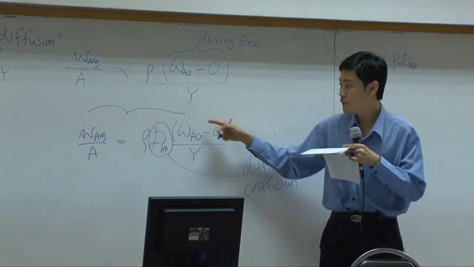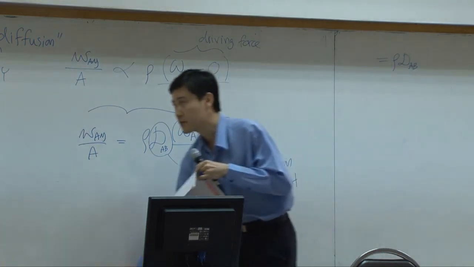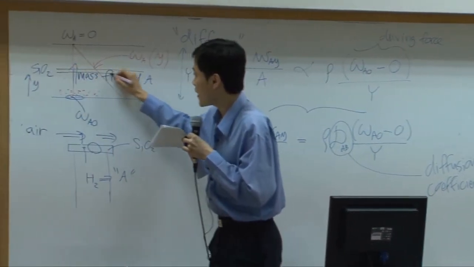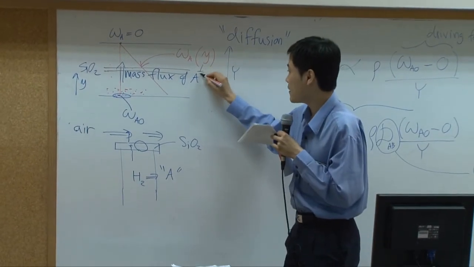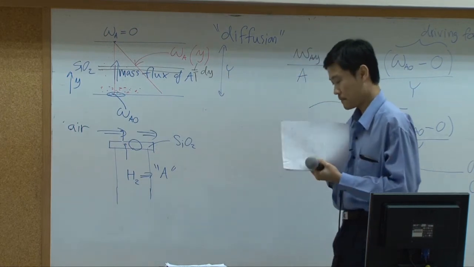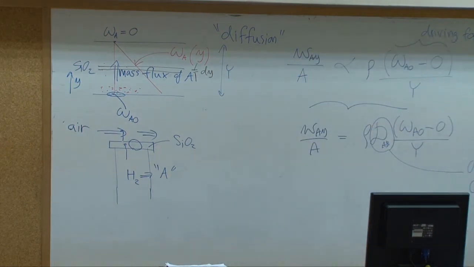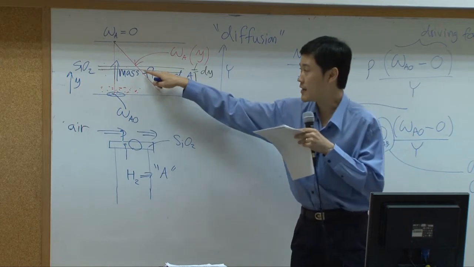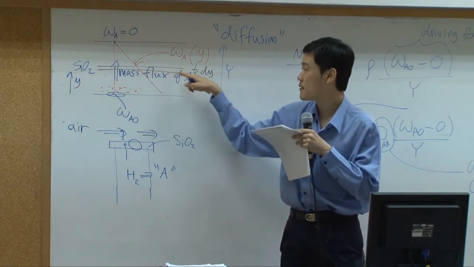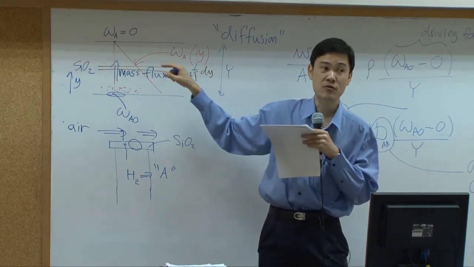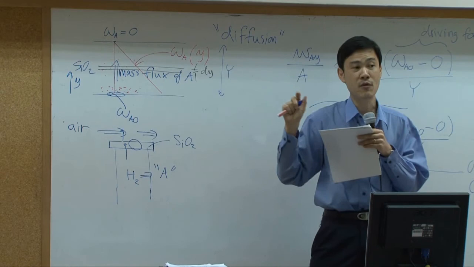But the difference is this: if I shrink the whole system down to a small layer with thickness dy, then the concentration at this part of the small system and the upper part are supposed to differ by a very, very small number.